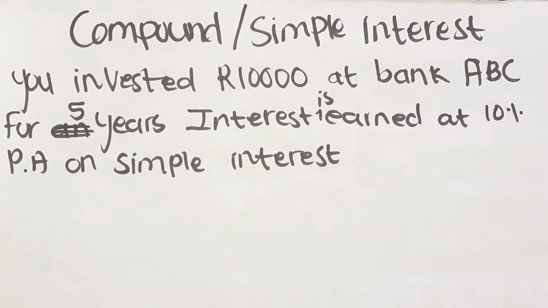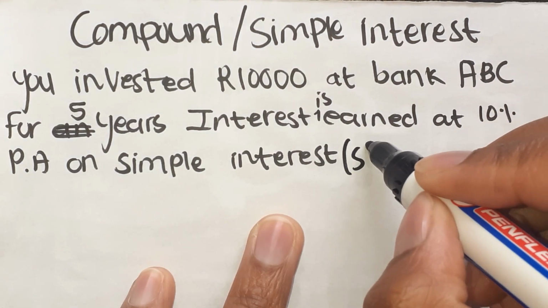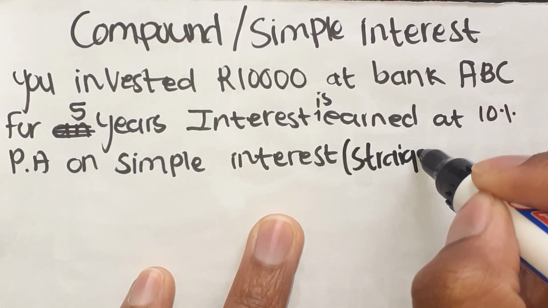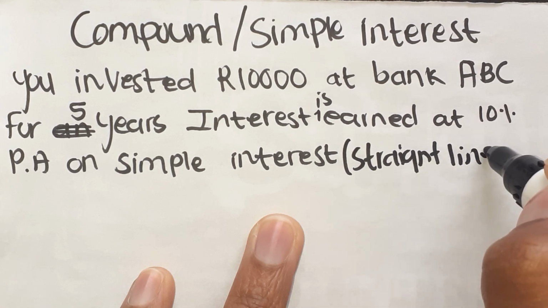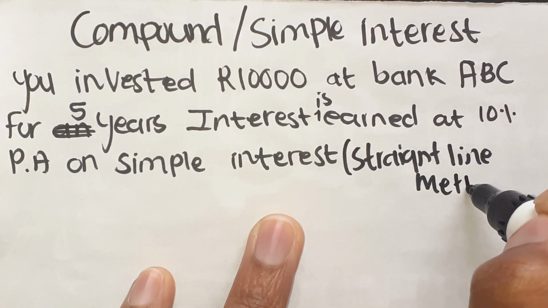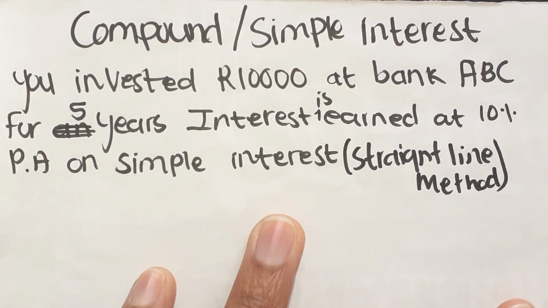Let's say, for instance, you invested 10,000 rand at bank ABC for 5 years. Interest is earned at 10% per annum on simple interest. So simple interest is the straight line method, right?